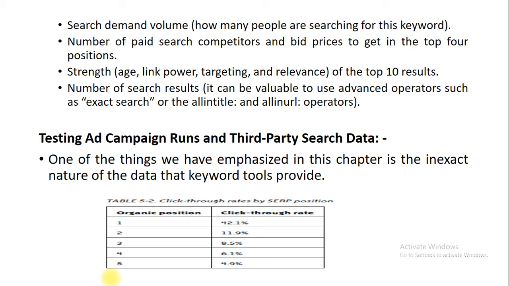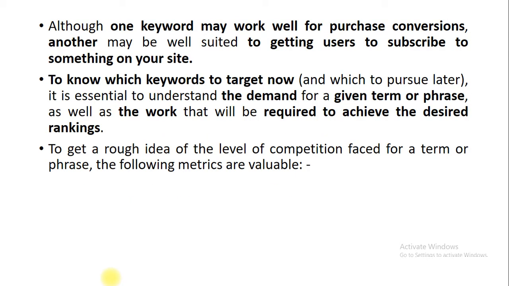Strength in the form of age, link power, targeting, or relevance, and number of search results. It can be valuable to use advanced search operators such as exact search, all in title, and all in URL. Using all these options you are able to get a rough idea of competition.